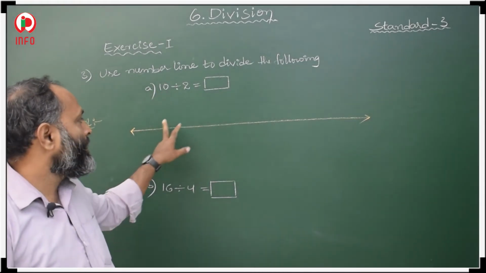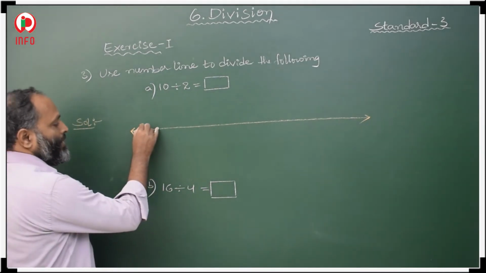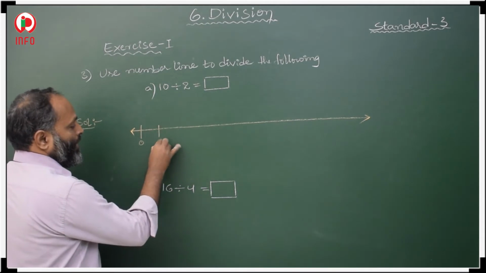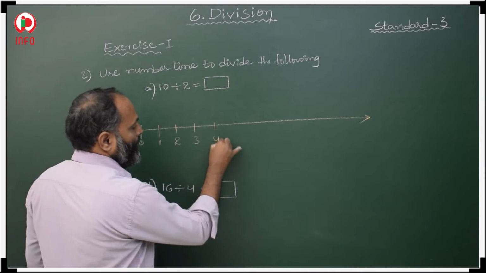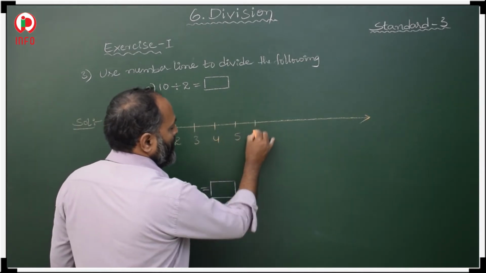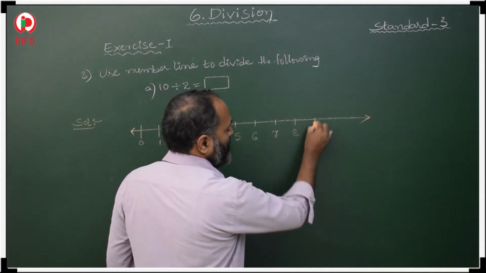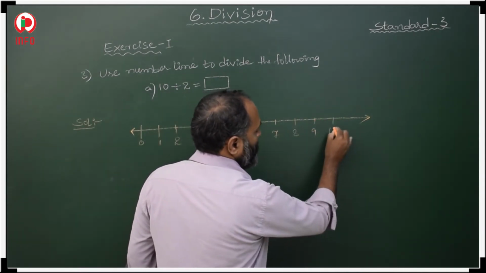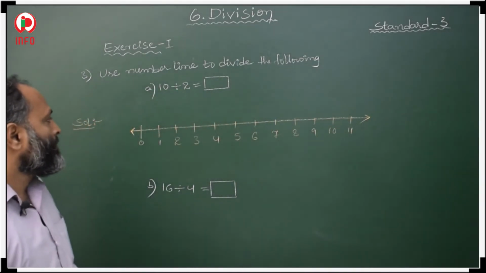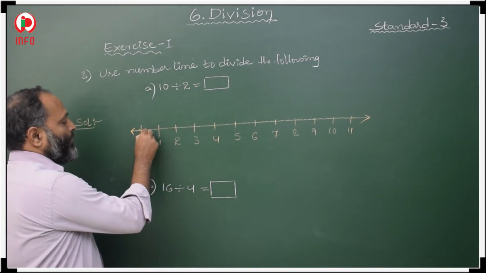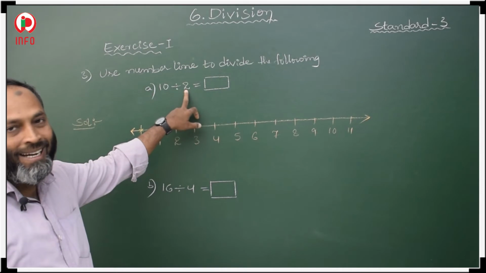So we have to write 10 numbers on the number line from 0. 0, 1, 2, 3, 4, 5, 6, 7, 8, 9, 10. If you want to take one extra, that is your wish, till 11. So we start from 0. What is here? 2. 10 divided by 2.